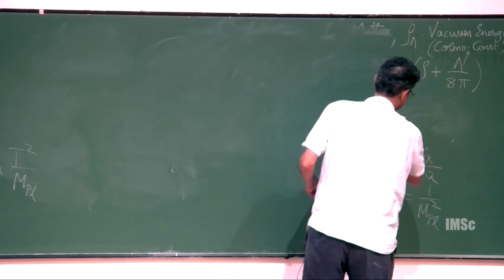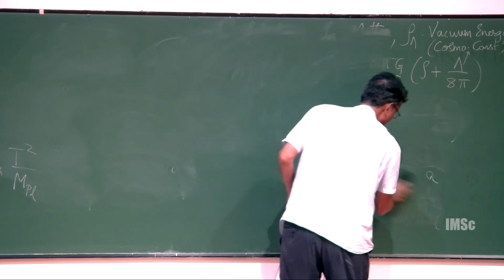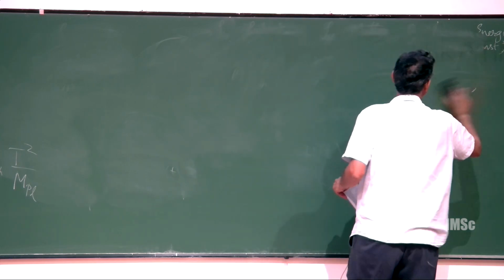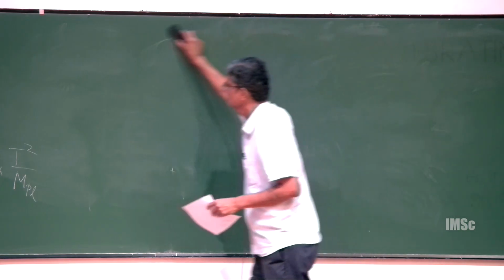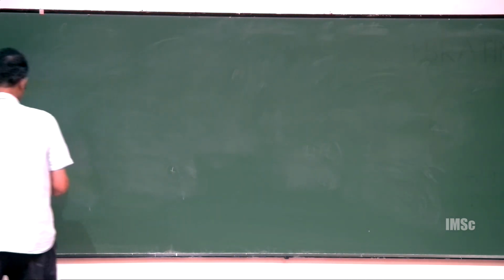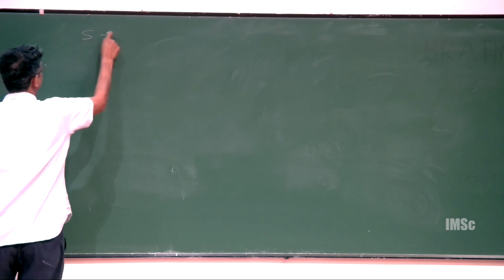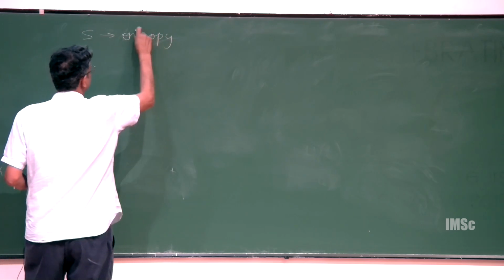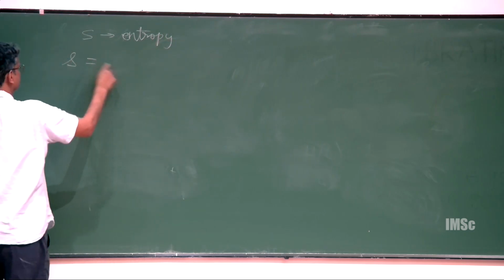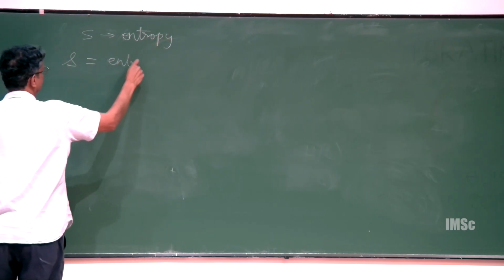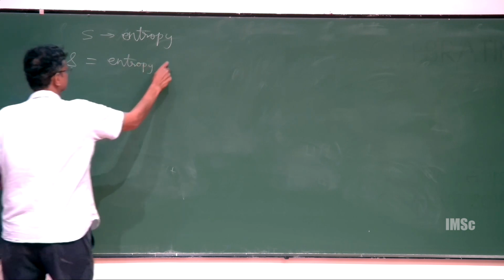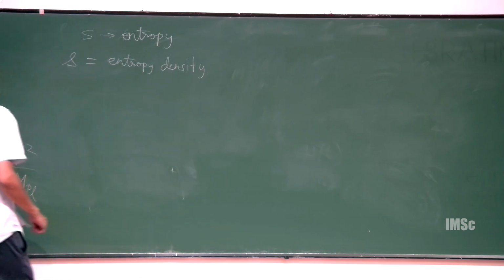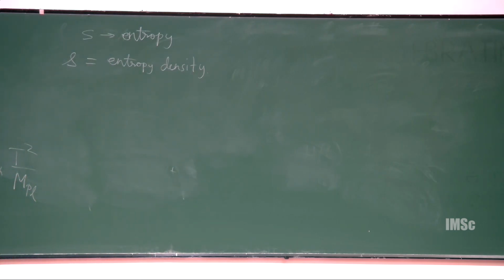And I'll just write down that expression because in any baryogenesis paper you will find that quantity being used. So this S is the entropy, and the small s is just the entropy density, again, the entropy per physical volume.